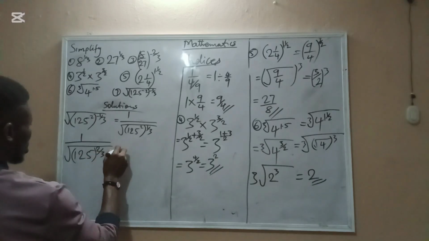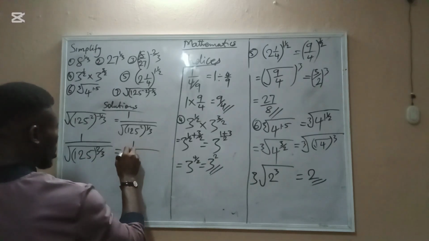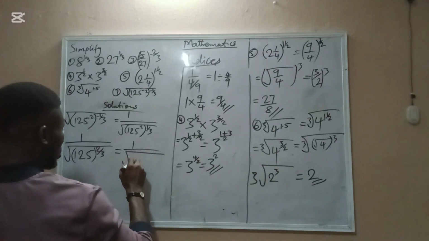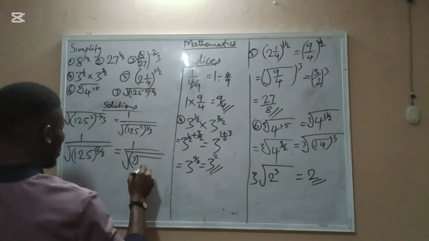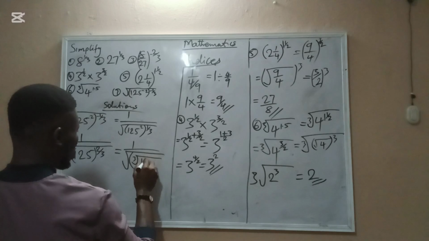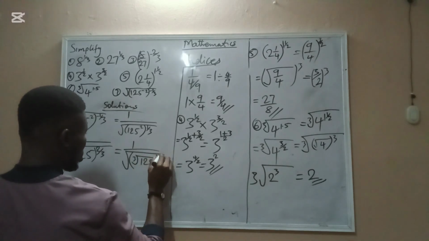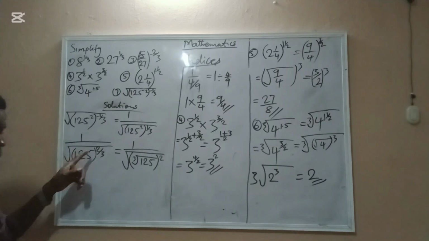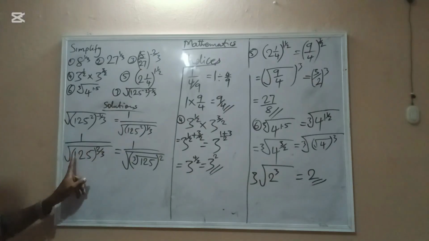And this is the same thing as 1 over square root of cube root of 125 to the power 2. Look at it. This is the general square root for everything here.